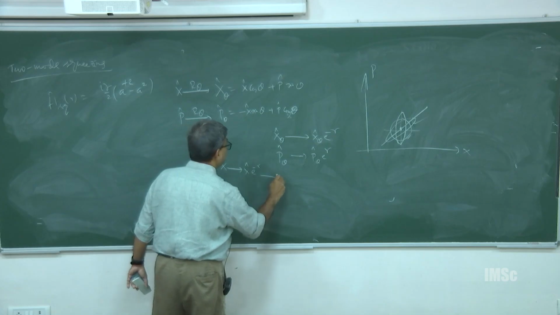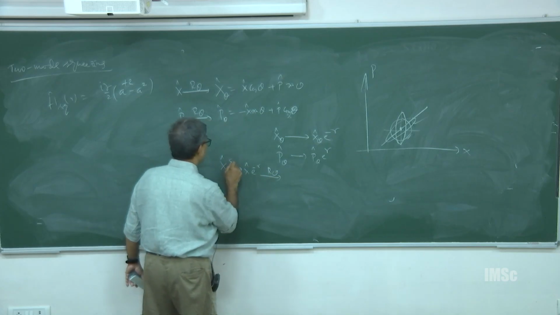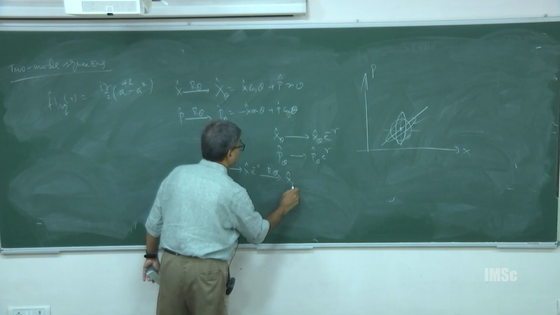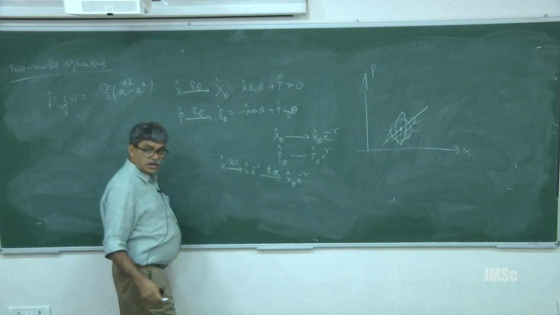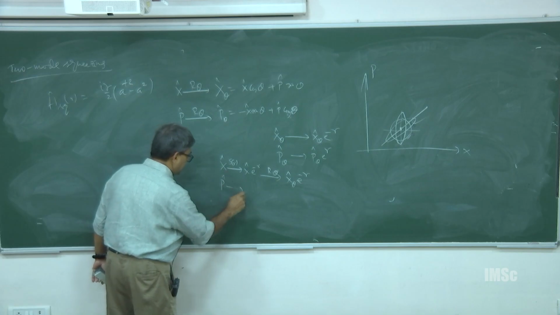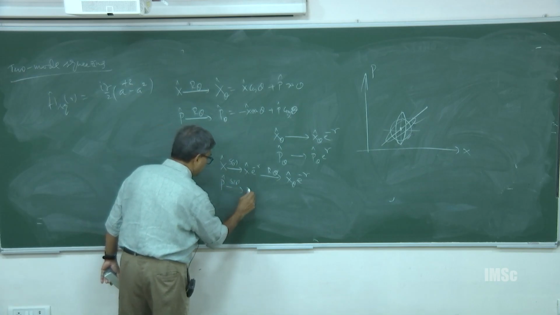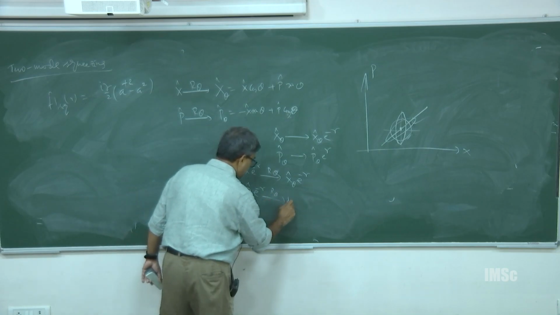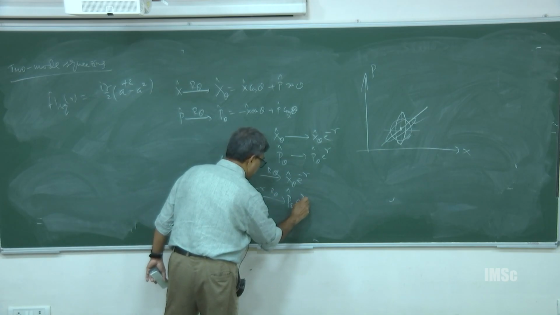So then you rotate it by R theta. This squeezing will give you x theta e to the power minus r, and similarly you can do this one with R theta rotation, p theta e to the power r.